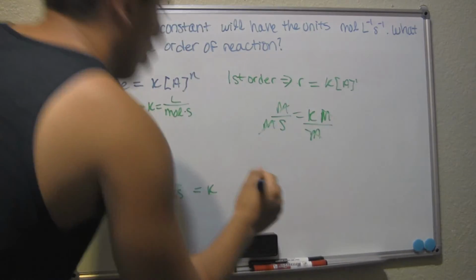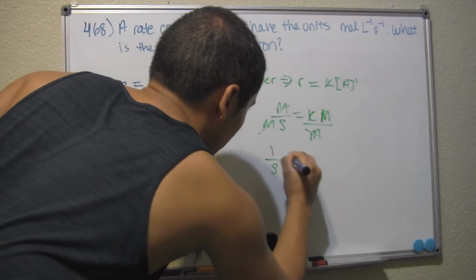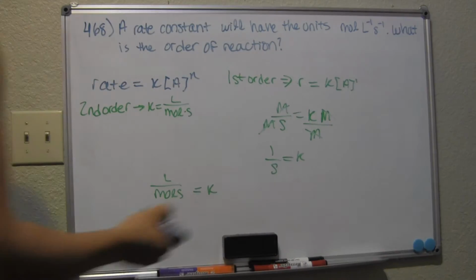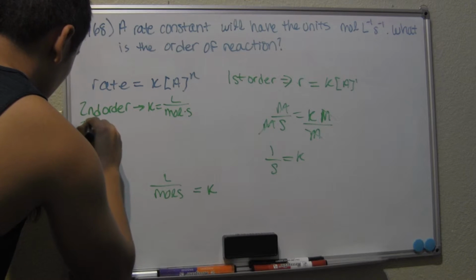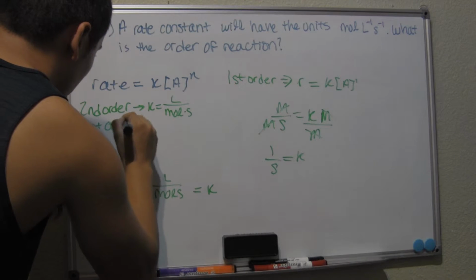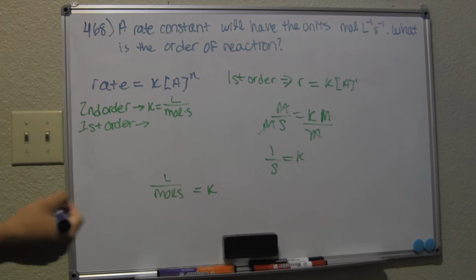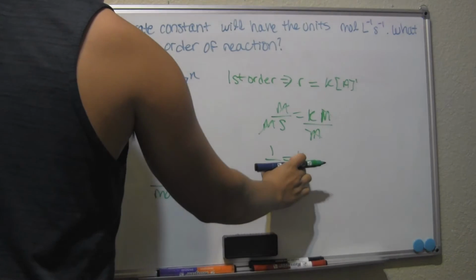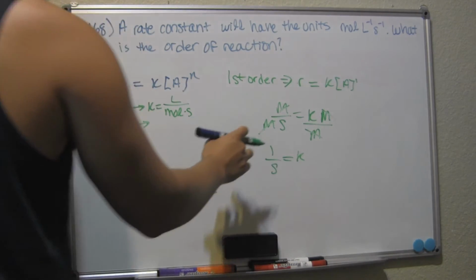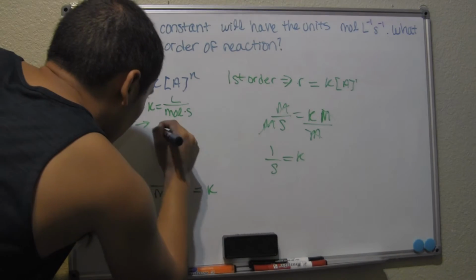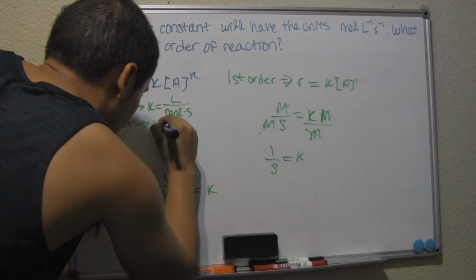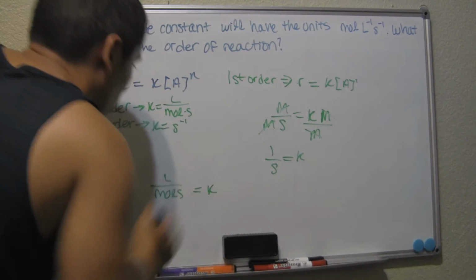So in first order reactions, 1 over seconds is equal to K. Those are the units for K. So when you're asked to determine the order of reaction, if it gives you K in units of seconds to the -1, you can automatically assume that it is a first order reaction.